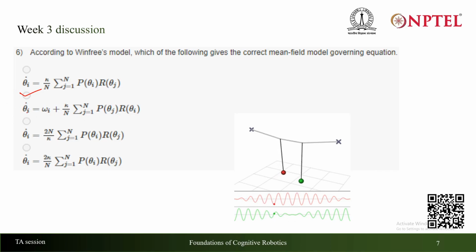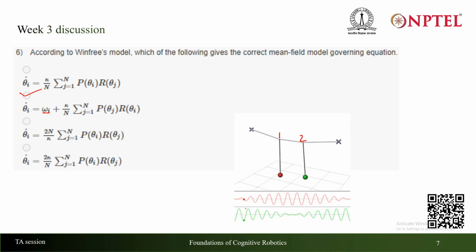So theta is the phase of the oscillator, and i stands for each of the oscillators. So this is oscillator 1 and this is oscillator 2, let's say. So theta i is the phase of it, the angle, let's say, it makes with the vertical. Omega i is the frequency with which this ith oscillator is oscillating.